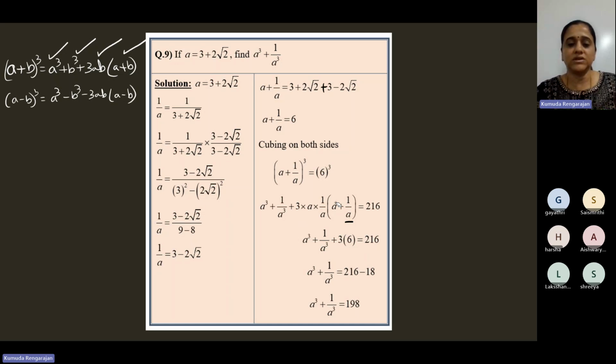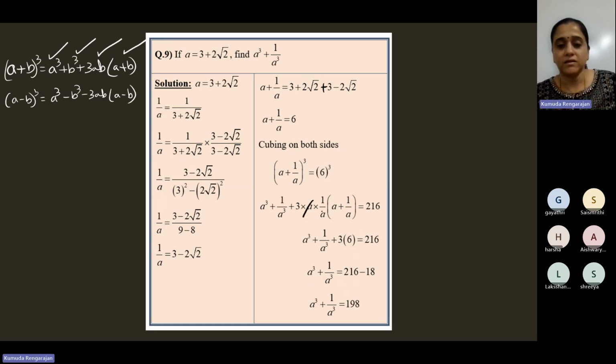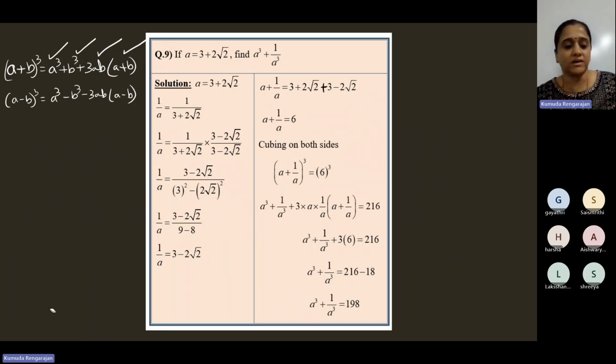So here in 3ab, this a and a will get cancelled. Inside the bracket you cannot cancel because the sign between them is plus. Plus or minus, you cannot cancel.